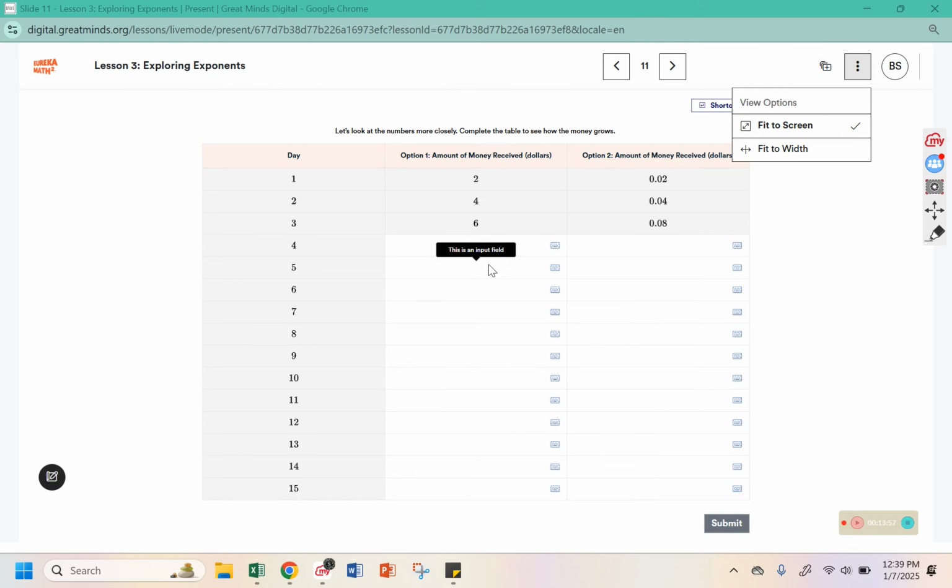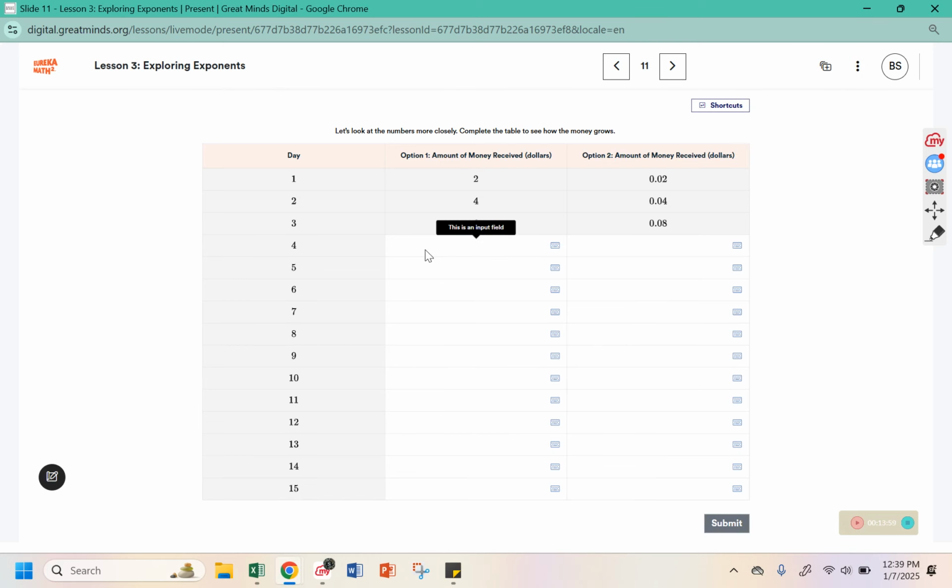Here it asks us to look at the amounts more closely. So this would go 2, 4, 6, 8, 10, 12, 14, 16, 18, because it's increasing by $2 each time.